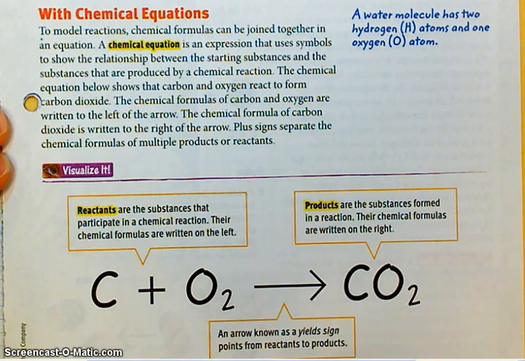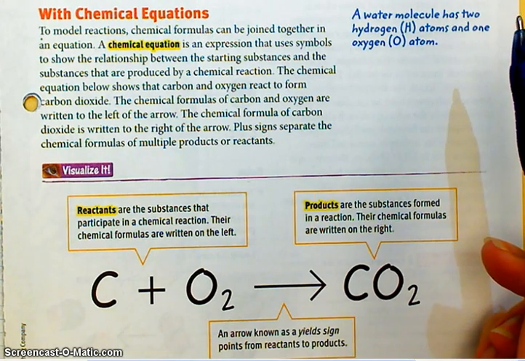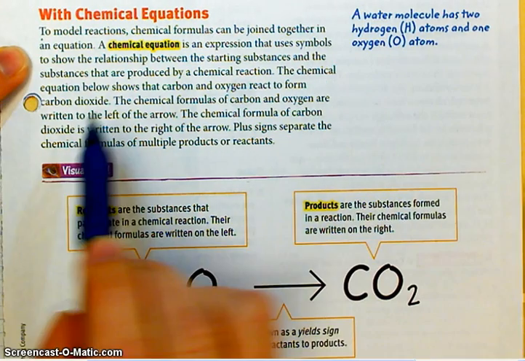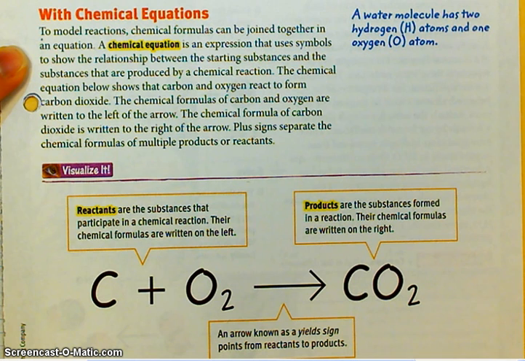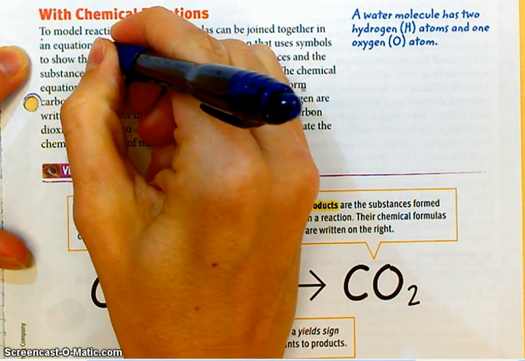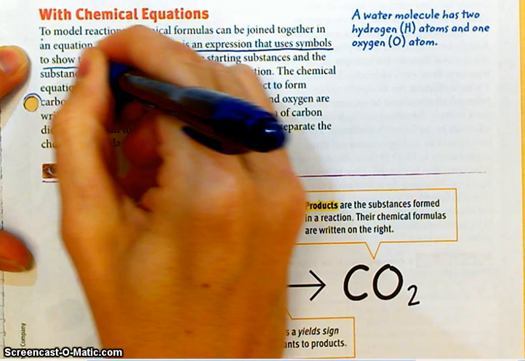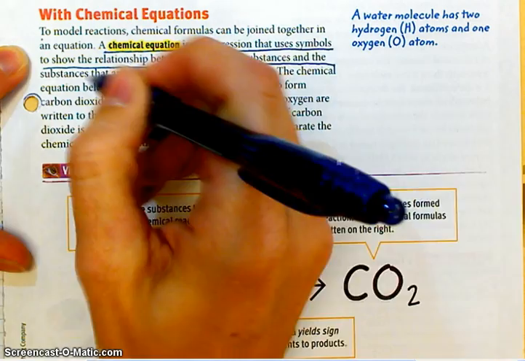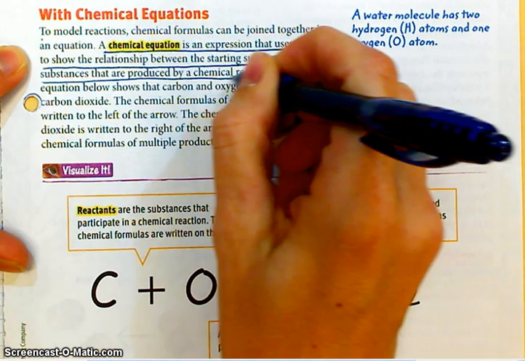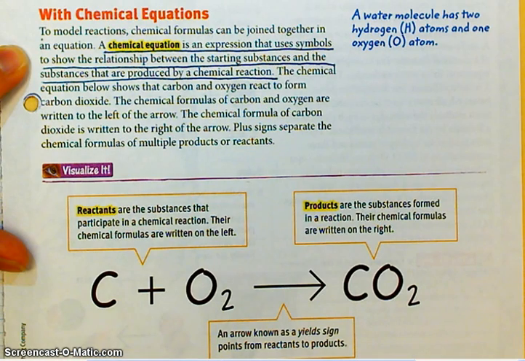All right, we've talked about how to write chemical formulas, and we've talked about subscripts. But in order to represent an entire chemical reaction, we need to do that with a chemical equation. So a chemical equation is an expression that uses symbols to show the relationship between the starting substances and the substances that are produced by the chemical reaction.